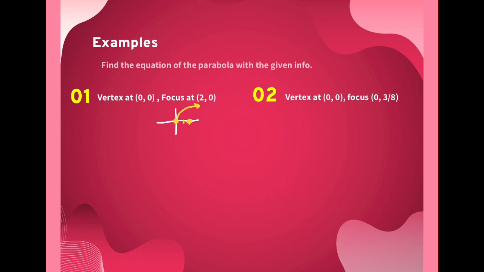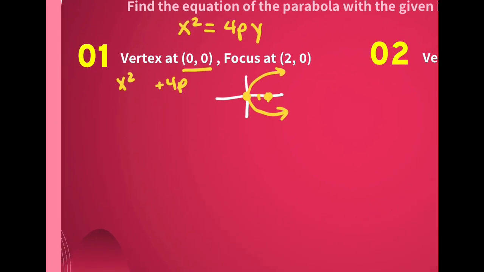The parabola goes around the focus, so I know this points to the right, which means it's a y squared equation with a positive 4p. So because it's 0, 0, it will be y squared equals 4px. Now I just have to find P. P is the distance between the vertex and the focus.